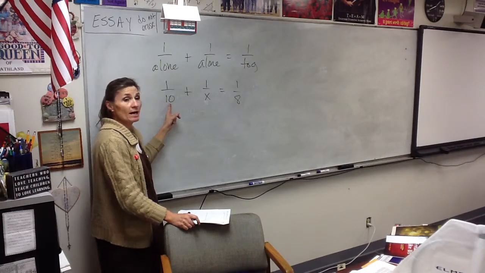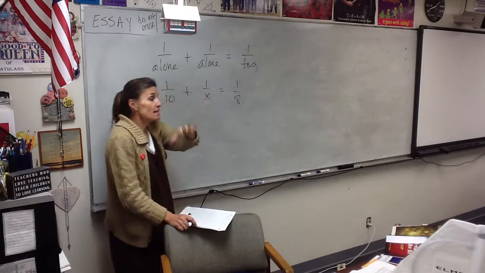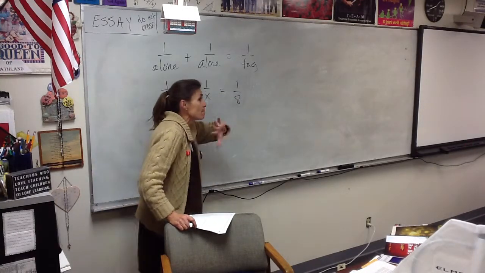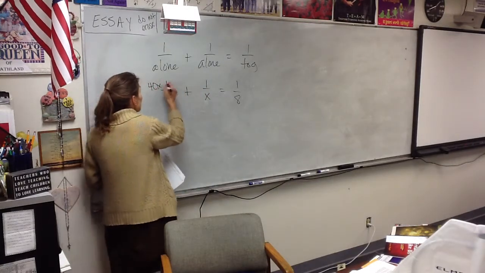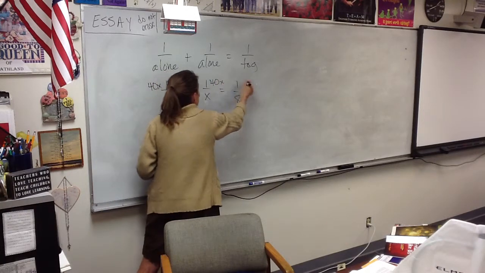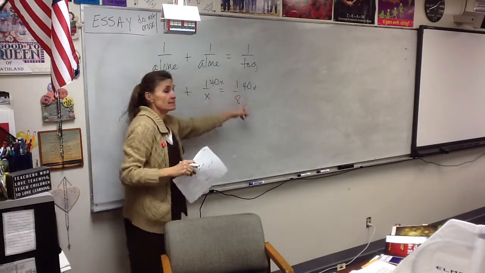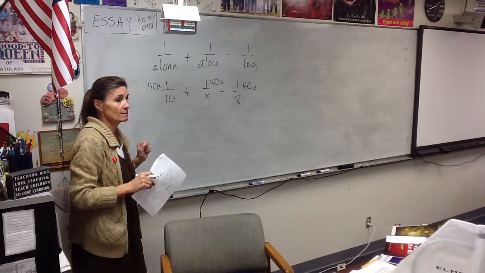Now, we're going to multiply this equation by whatever we can think of, 40x, that will cancel a 10, an x, and an 8. Somebody said 40, somebody else said 80. It doesn't matter. Multiply by whatever you can think of that will cancel 10, x, and 8. I'm using 40 because it's the smallest.